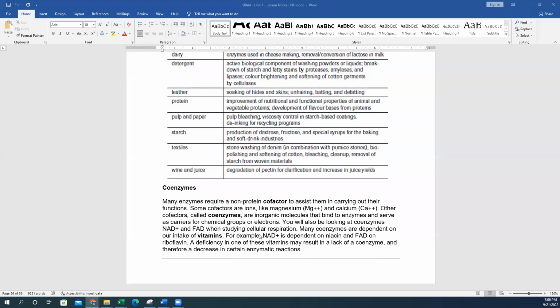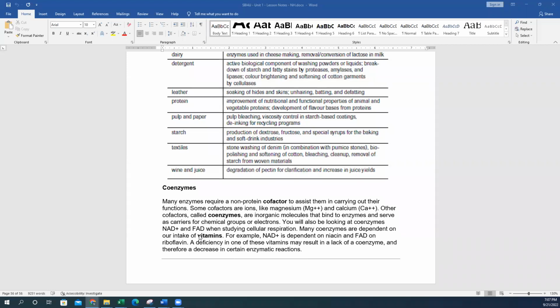And these coenzymes are organic molecules that can bind to enzymes and help as carriers of chemical groups or provide electrons, for example. And we'll be taking a look at these important coenzymes, NAD+ and FAD, for example. These are very important coenzymes when we take a closer look at cellular respiration.